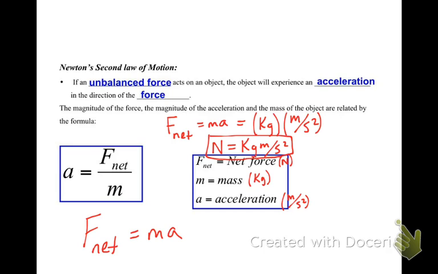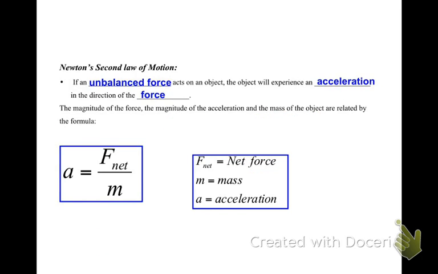I'm not really sure why on your reference table they write the formula like this. I typically write it F net equals ma, or just simply F equals ma. So again, it states that if an unbalanced force acts on an object will experience an acceleration, which is true, because again, if we have unbalanced forces, you're experiencing an acceleration in the direction of the force. So let's go ahead and try some examples.